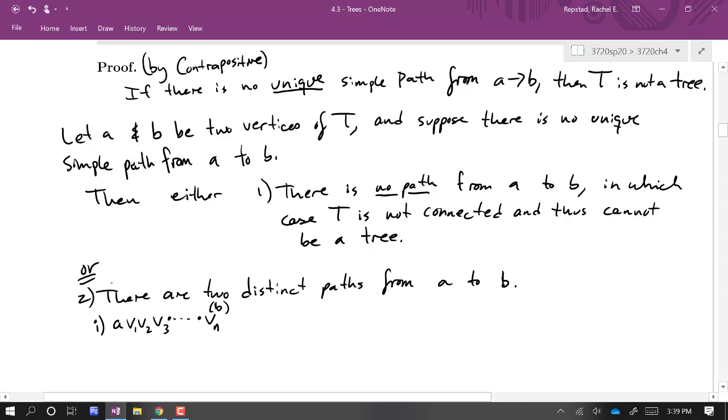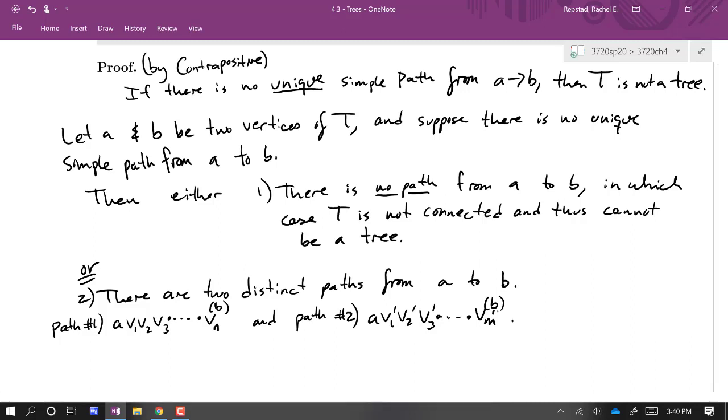I'll just call this path 1. And path number 2 again begins at A, and then it goes to V1 prime, V2 prime, V3 prime, all the way up to, I don't know, Vm prime, which is our B vertex. So these both start and end at the same vertex.